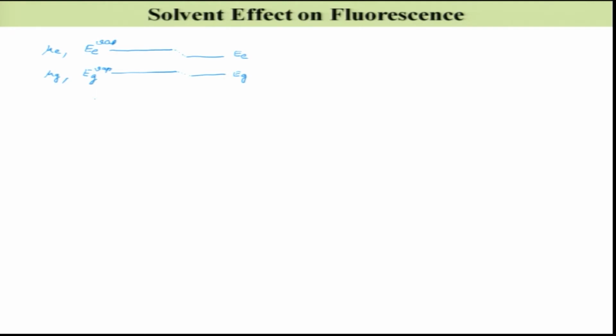And we have seen the expression of E g and E e in terms of the dipole moment, the polarizability, both F E L and F O R. Let me write it once again over here.